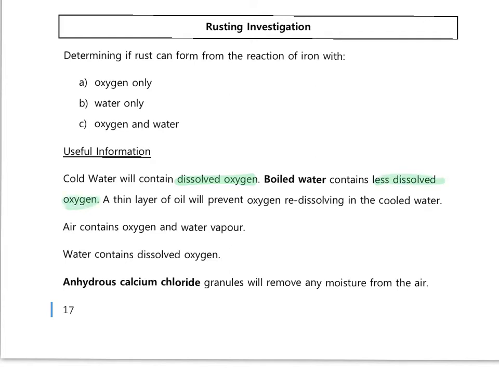Essentially, the solubility of a gas decreases with temperature. So the higher the temperature is, the lower the solubility of the gas. So that's why if you put, say for example, a can of Coke in the fridge and it's really cold, it will feel even more fizzy when you drink it than if you'd left it sitting out at room temperature, or even in a hot day, it'll feel quite flat.